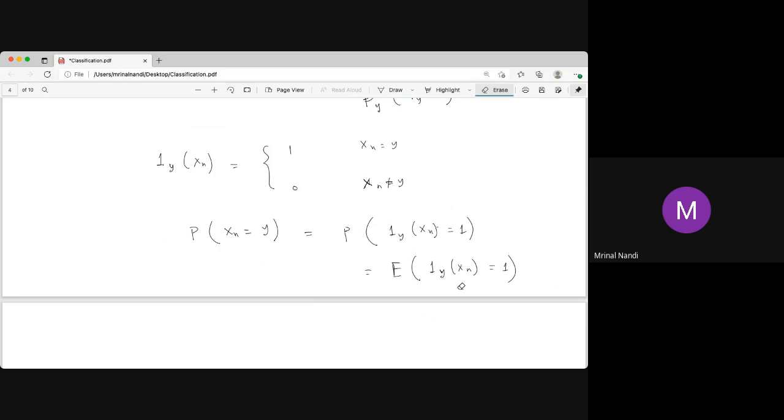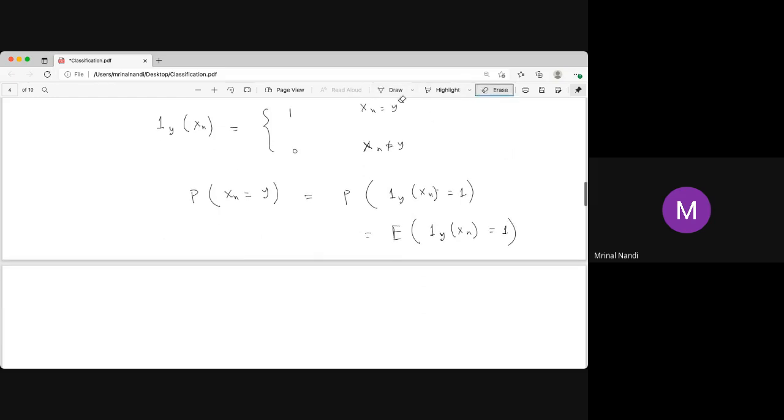This idea is very important. So if we can write a random variable as a sum of some Bernoulli random variables, then finding expectations or calculating variance will be easy through these indicator random variables. That's why it is very important.